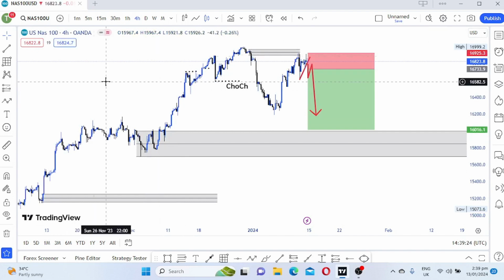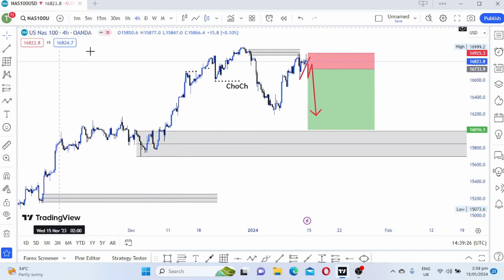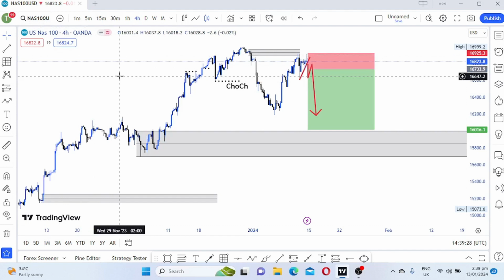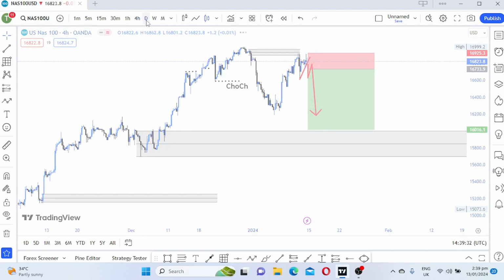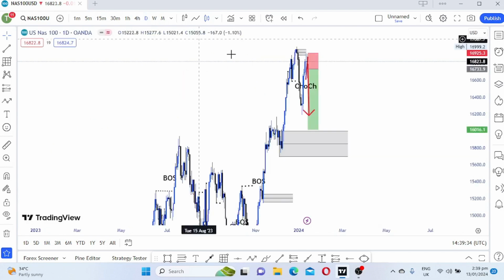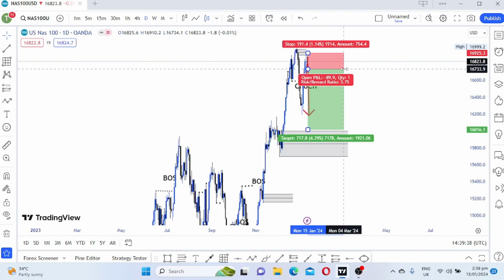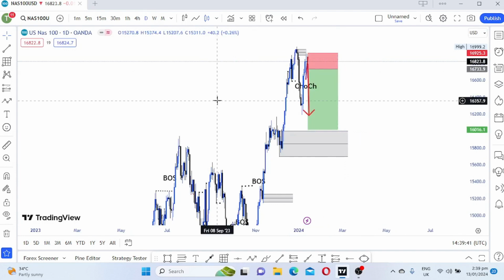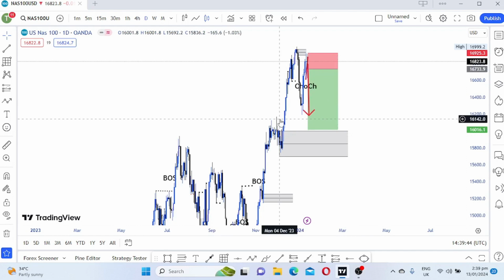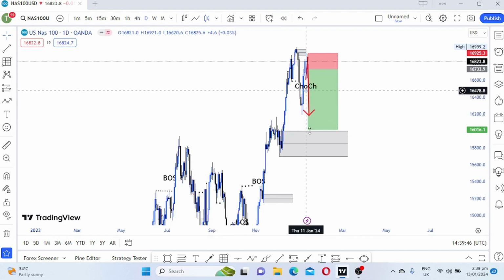As you can see, guys, we are on Nasdaq now, on H4, but let me quickly go to daily. As you can see on daily, this thing is overbought, guys. So we still have more room to move to the downside. We still haven't got a good pullback to buy, but we will be entering our buys at this zone.